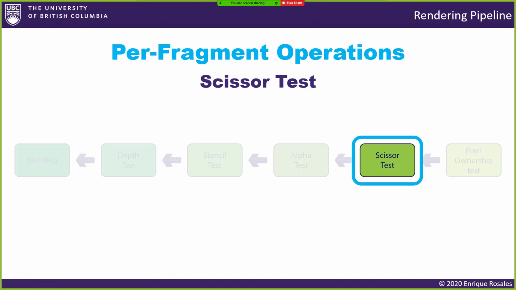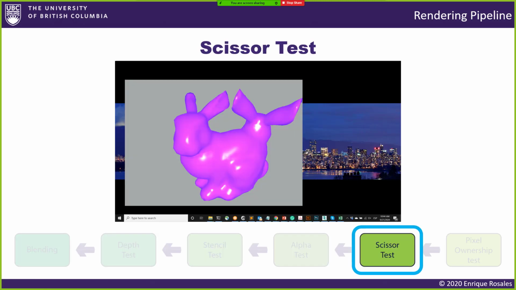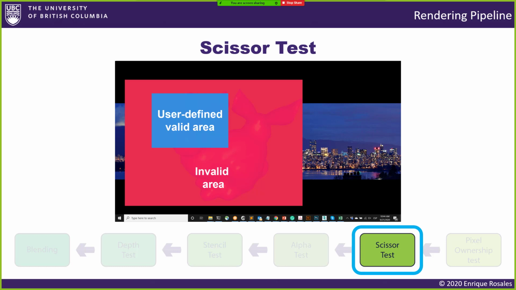Then we have the next, called the Scissor Test. At least for me, it's kind of weird because it's very similar to the ownership test in the sense that there is a section of the screen that is forbidden to render to. There will be a valid area and an invalid area. The cool part is that this is user defined.